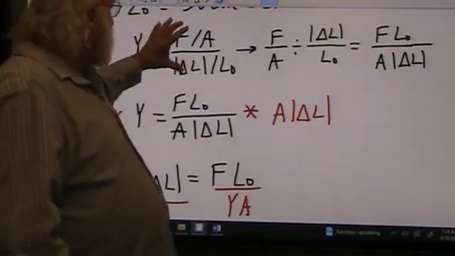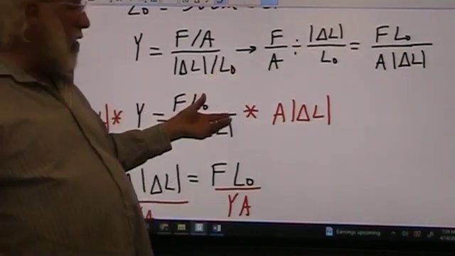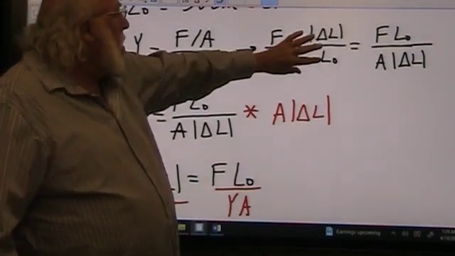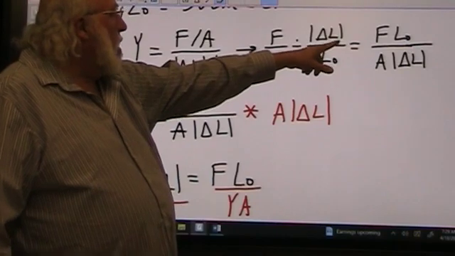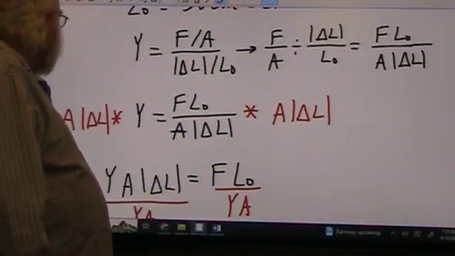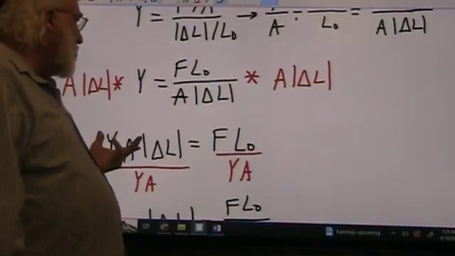I changed this into a fraction without a fraction within it, so this is F over A divided by this. Change that to multiplication and switch those around, and you get F times L O over A times the absolute value of the change of L. Now I multiply both sides by A times the absolute value of the change of L.